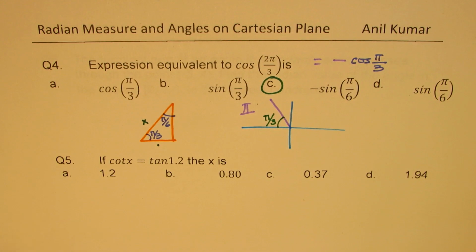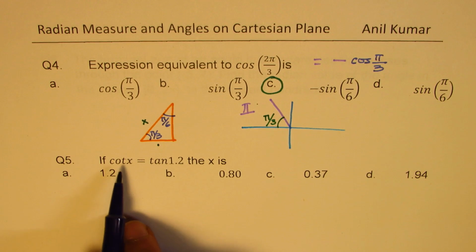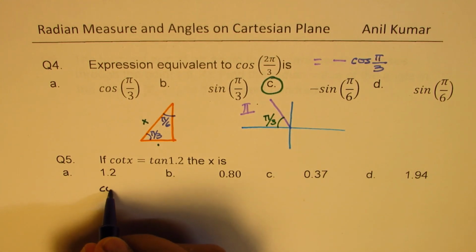Perfect. Question number 5. If cot x is equal to tan 1.2, then x is what value? So this is what we need to figure out. Now we're talking about a co-function identity.